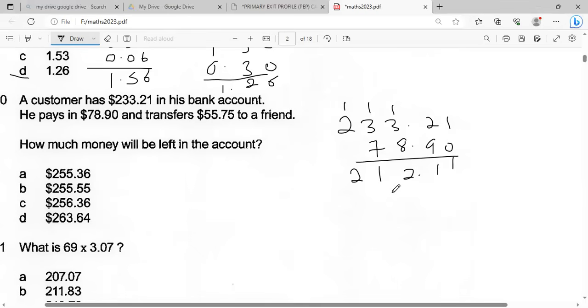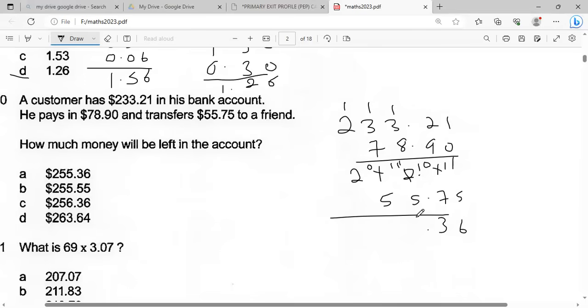And then we're going to subtract 55.75. 5 from this you can't, so you borrow 1. Take 7 from this second, so you left 1, this becomes 10. 3, put a decimal point, 5 from 1 you can't. So you borrow, that left 0.